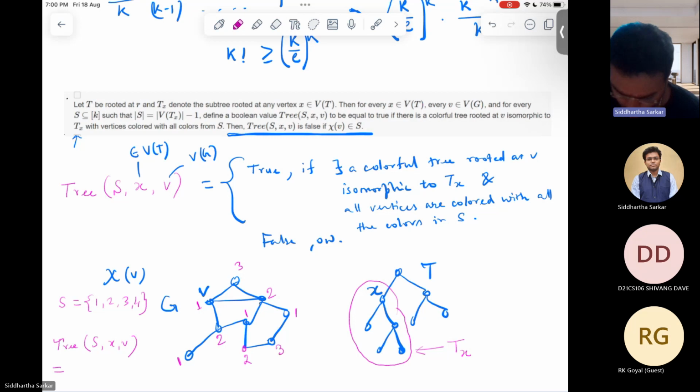You have found a bug, so we fix the bug. We have this additional condition: you are having one less than the number of vertices in T sub X. So now we have a well-defined question.